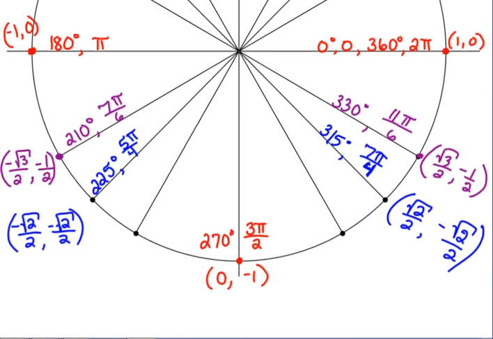All right, down here, we are 60 degrees past 180, so we're at 240. And that is 1/3 past 1, so we're at 4/3 pi. This coordinate, x is negative, so negative 1/2. Y is negative, negative square root 3 over 2.